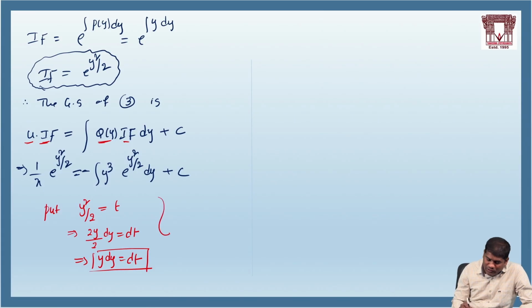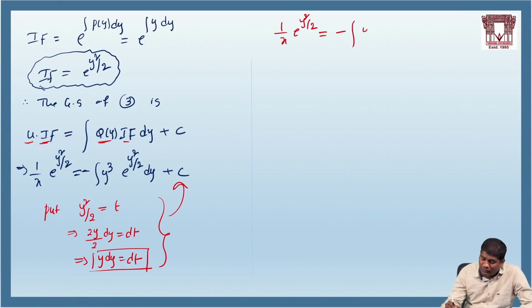Now we have to substitute these expressions in this integral, then we can get 1 by x into e to the power y square divided by 2. Right hand side quantity we are writing as it is, is equal to minus, here y cube we can write as y square into y, e to the power y square divided by 2 into dy plus c.